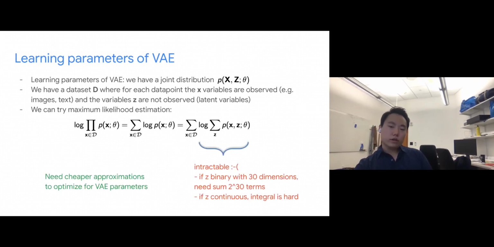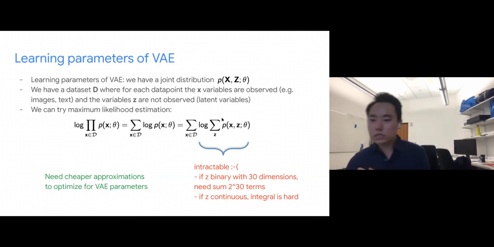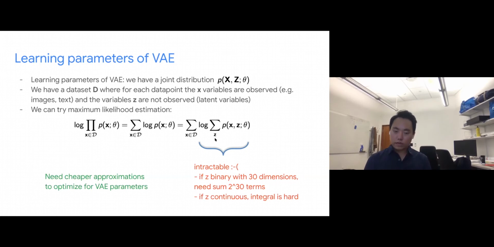But what we're going to soon realize is that this summation over Z is highly intractable. If Z was binary with just 30 dimensions, you have to sum over all 2 to the 30 terms of Z taking on each particular configuration. And if Z is continuous, this integral over all possible values of Z is also very difficult, and you're not going to get a closed form solution.